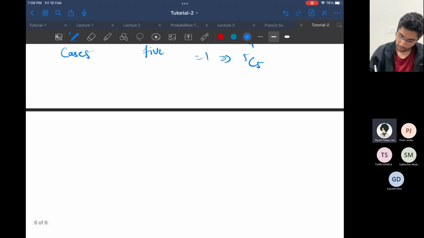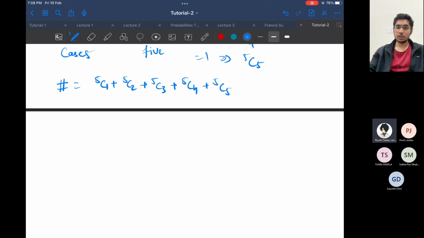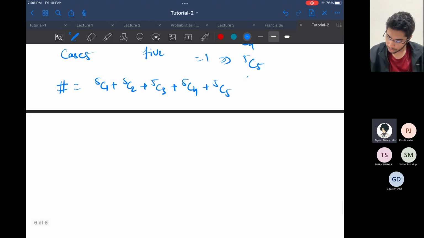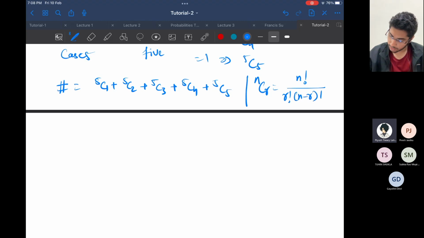So the number of ways will be 5c1 plus 5c2 plus 5c3 plus 5c4 plus 5c5. I hope that you remember that nCr is equal to n factorial over r factorial into n minus r factorial.